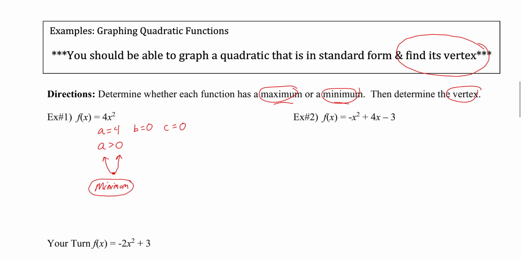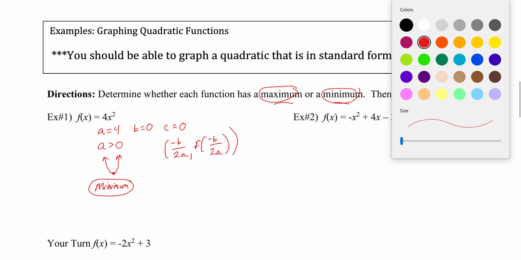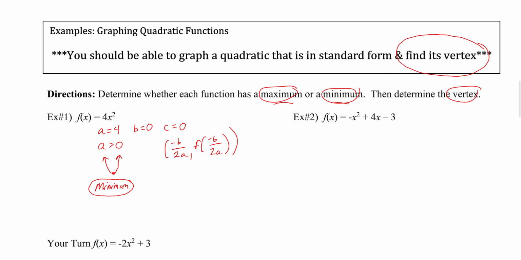And then we want to calculate the vertex for this graph. So we're going to use the formula negative b over 2a, comma, f of negative b over 2a. But again, don't be confused by this. Sometimes it looks confusing. All we're doing here is finding the x coordinate of the vertex.